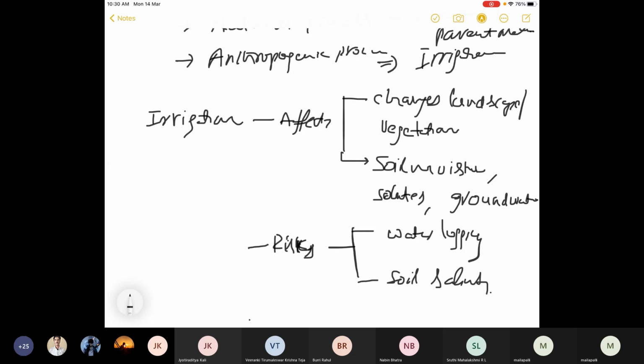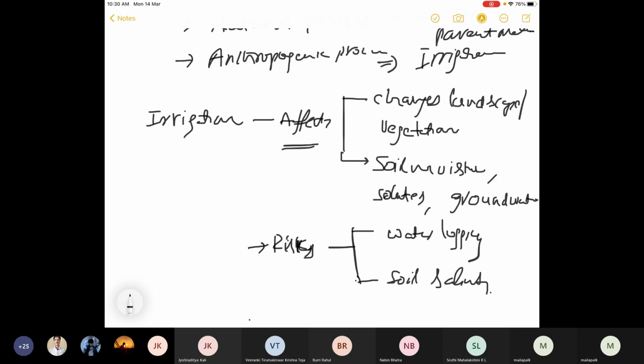I already explained how waterlogging and soil salinity become part of irrigation, right, if you are not doing it correctly.